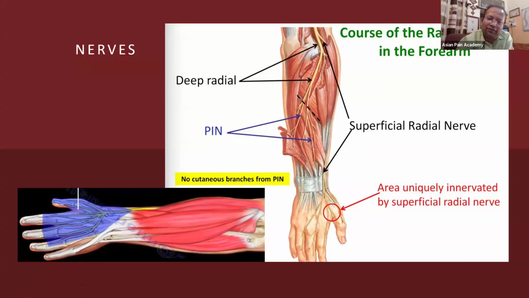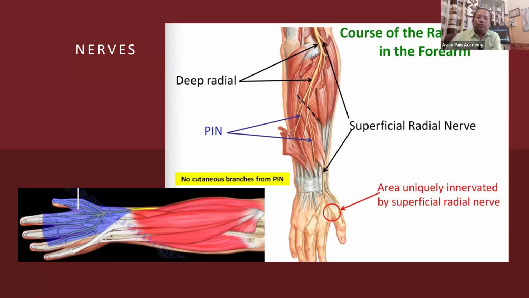When you go from proximal to distal, from elbow side to wrist side, you can see that the nerve comes from the front side to the dorsal side, I mean palmar side to dorsal side of the wrist.